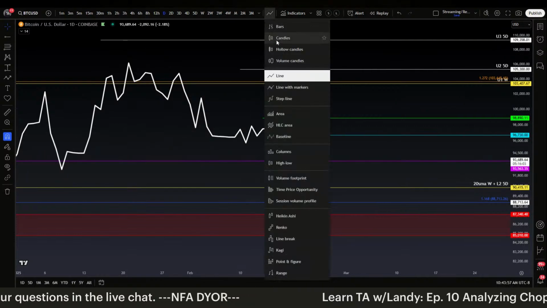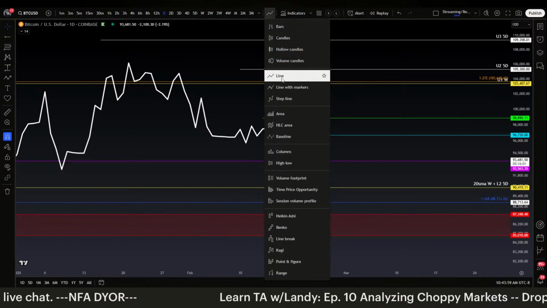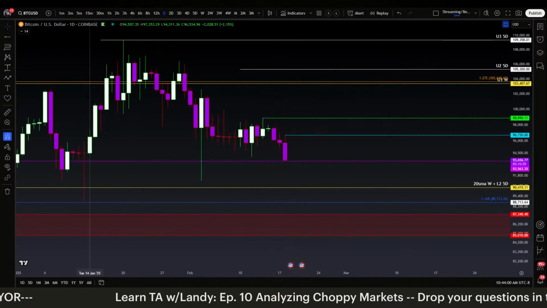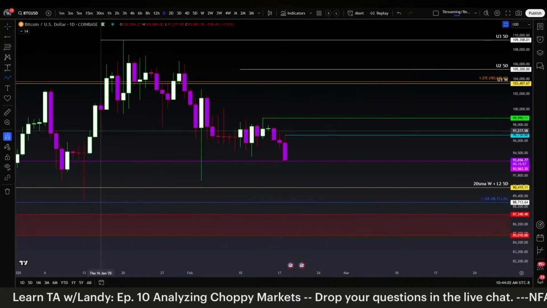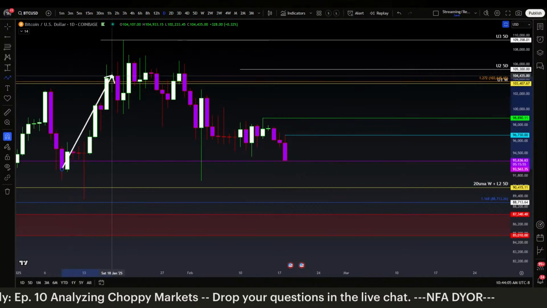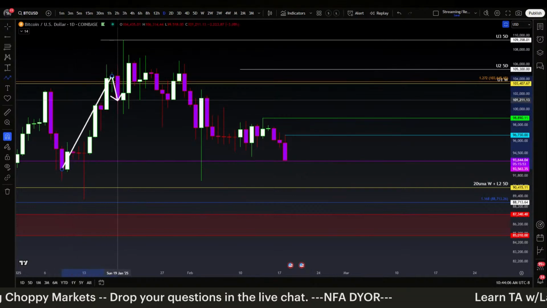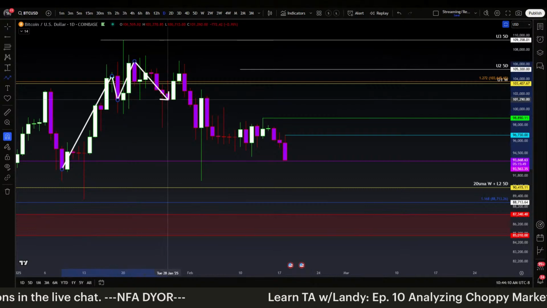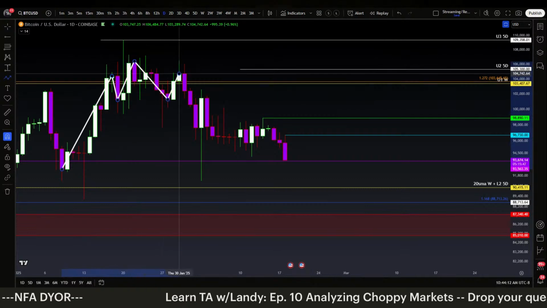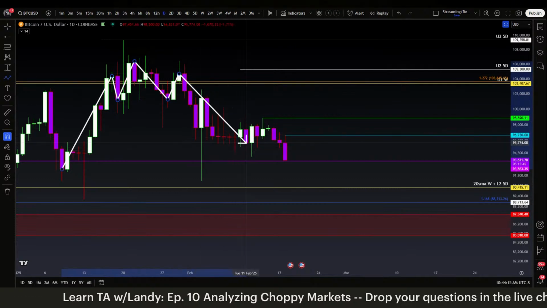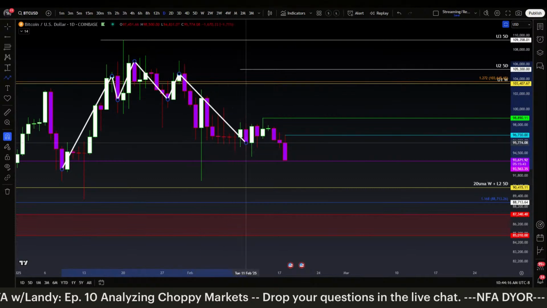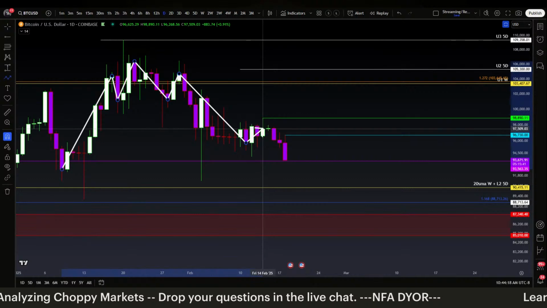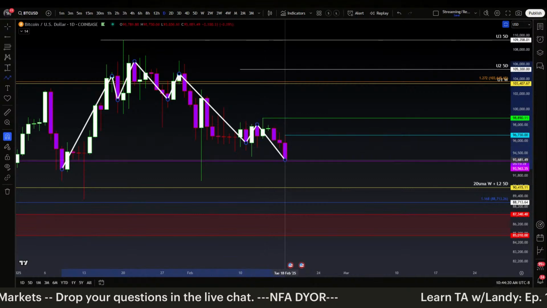And line charts aren't even going to be perfect because they actually introduce a little bit of noise there, but you can say, okay, this was the closing trend here, just taking the closes, right? And then it's kind of going a little bit like this.